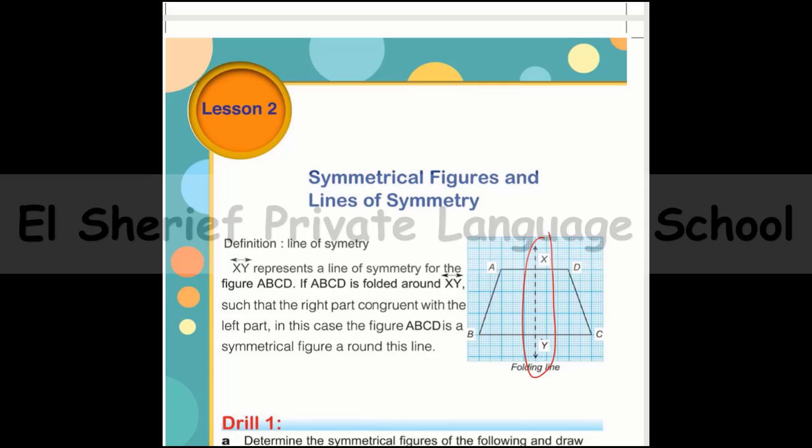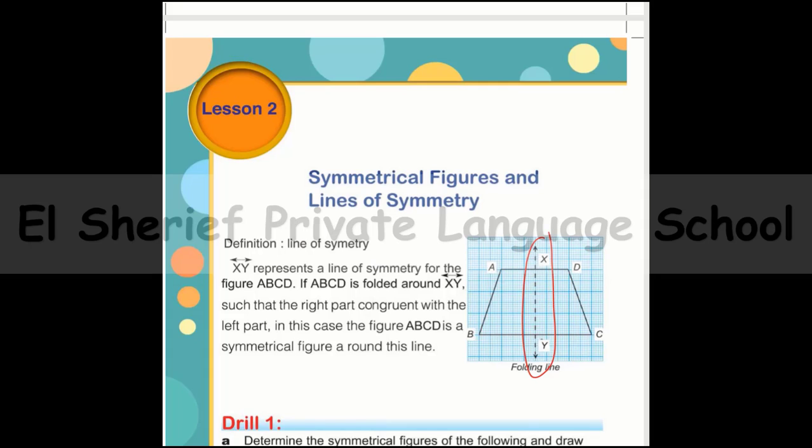Because if we fold this figure around XY, the right part is congruent with the left part. In this case, the figure ABCD is a symmetrical figure around this line.